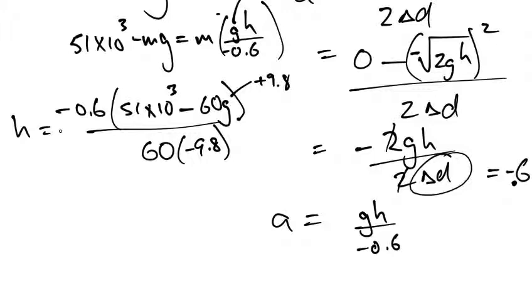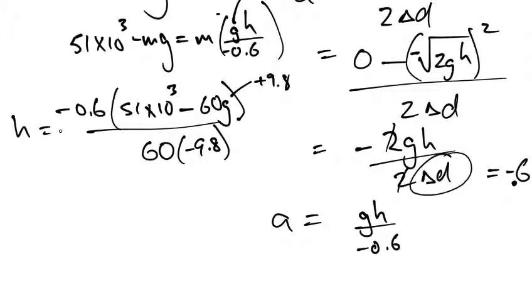And then let's go 51E3 plus that. And then multiply that by 0.6. Negative times, and then divide that by 60, and then divide that by negative 9.8.